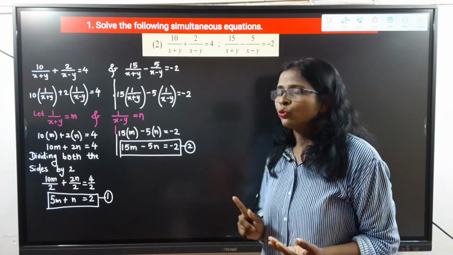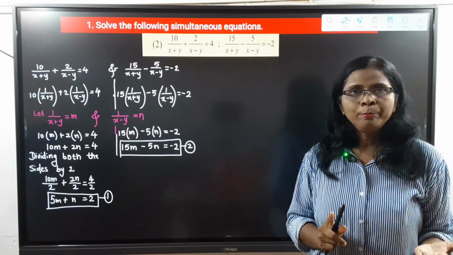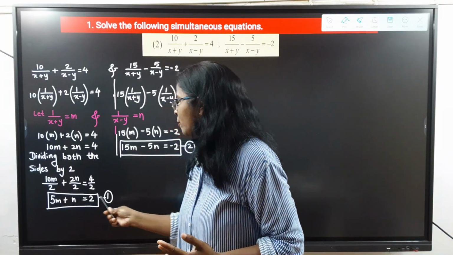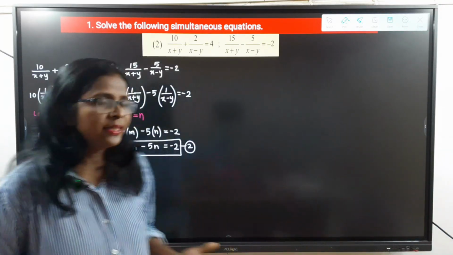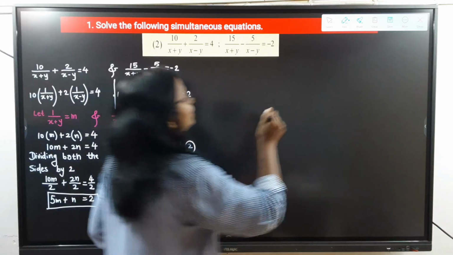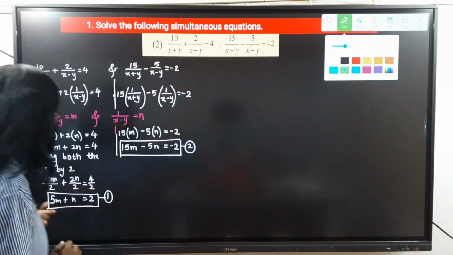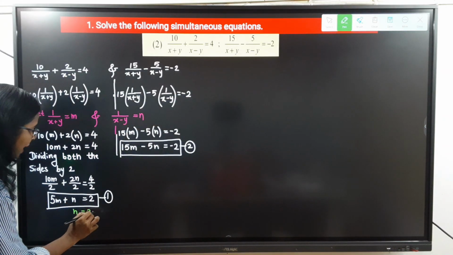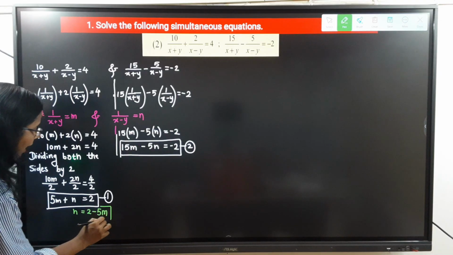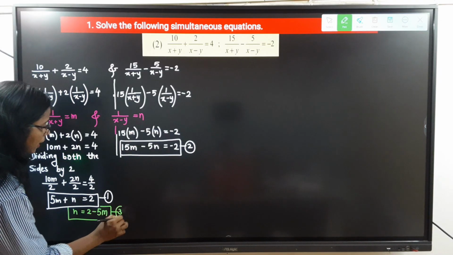Here I choose the substitution method, because 5m + n = 2, so we can simplify this as n = 2 − 5m. I call this the third equation.